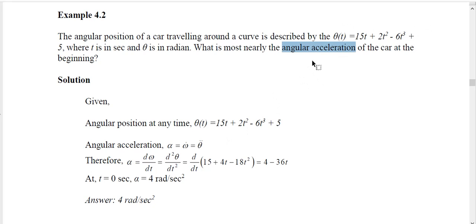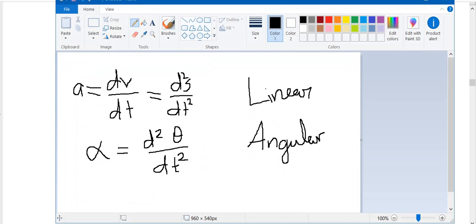So we need to find acceleration. Displacement is given with respect to time. At the beginning means time is 0. What we saw from our linear kinematics: a is dv by dt, that means acceleration is dv by dt, then v is ds by dt, so a is d square s by dt square. That is for linear.